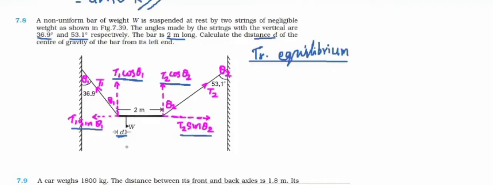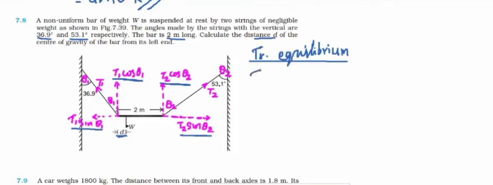They are balanced. Similarly, we have two forces acting towards left and right, T1 sin theta 1 towards left and T2 sin theta 2 towards right. These equilibrium conditions are required so that we can say the rod is in translational equilibrium.